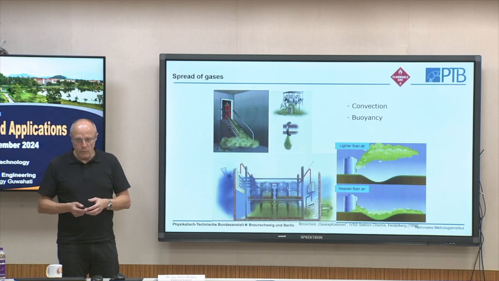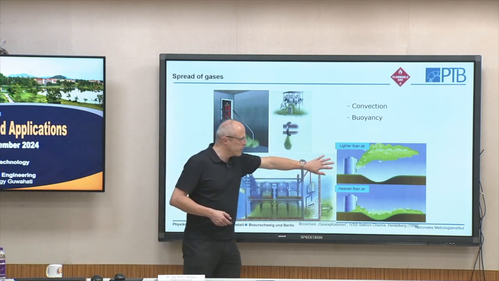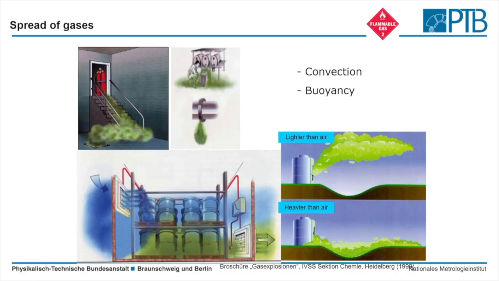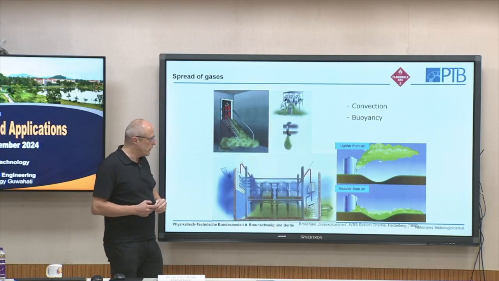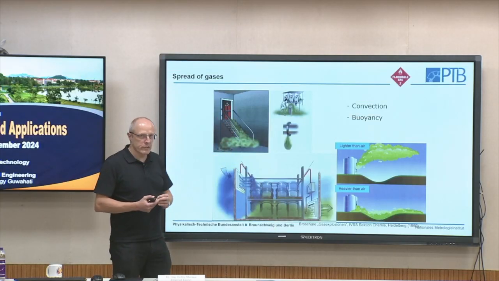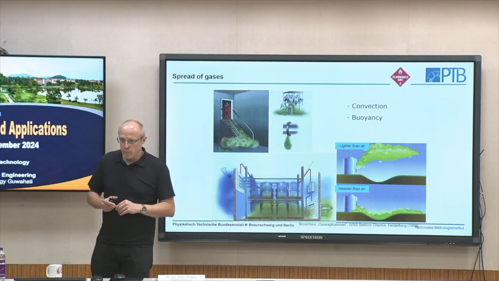So we have to consider the spread of gases. Hydrogen and methane are lighter than air, so if there's a leakage, these gases will go up. But most hydrocarbons we have are heavier than air, so they will go down. And this, of course, is a problem, because your combustible can go into areas where you do not expect it.